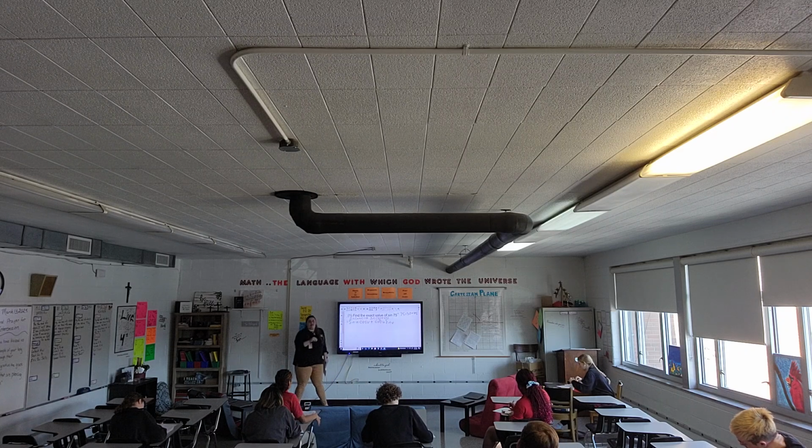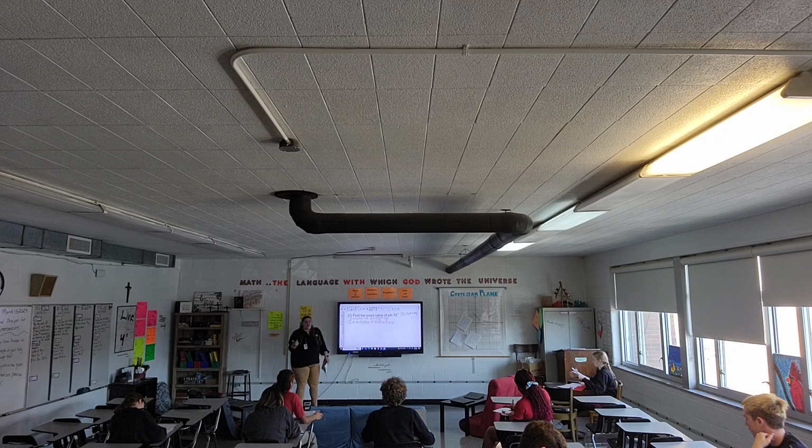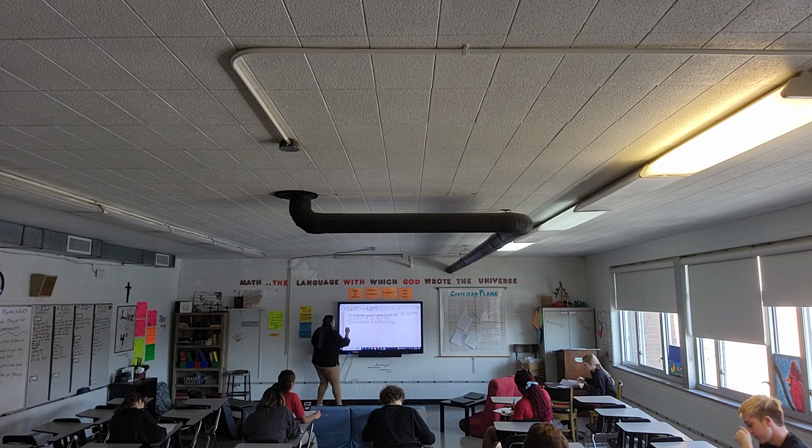I apologize for my handwriting in advance. So now that we have our u, we have our v, we can now plug into this equation. So, as an equation, we're going to add the equal sign here.